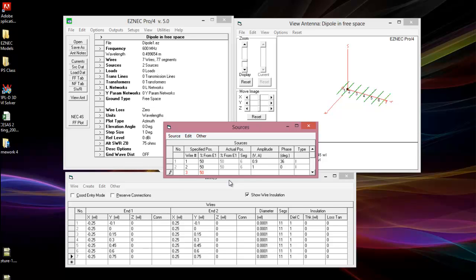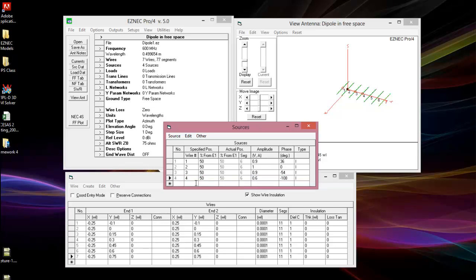The amplitude is equal to 0.9, and the phase is minus 54, and it's a current. For the fourth element, for the wire in the middle, the current is equal to 0.6, and the phase is equal to minus 108.